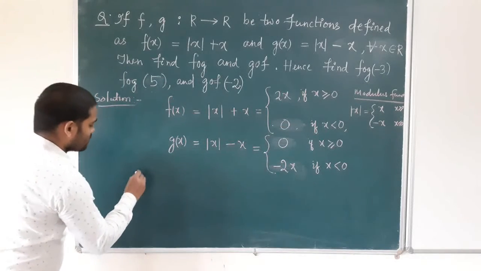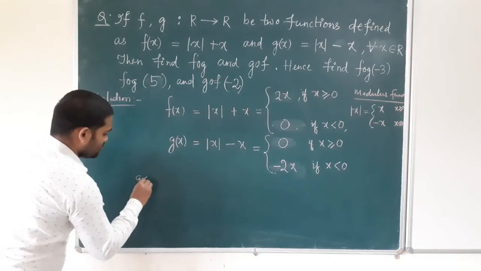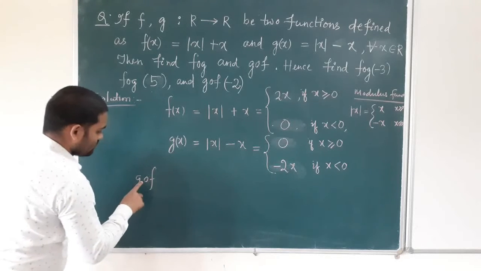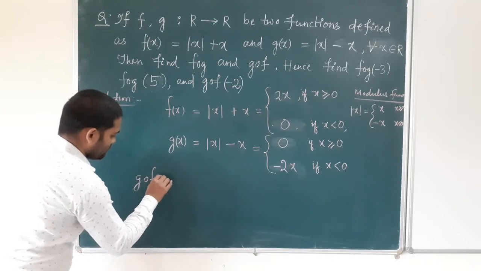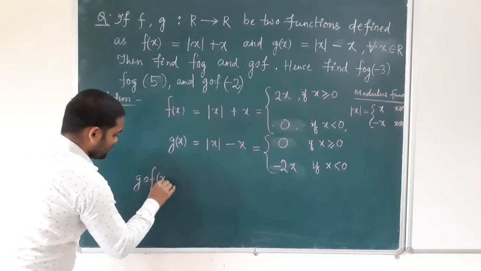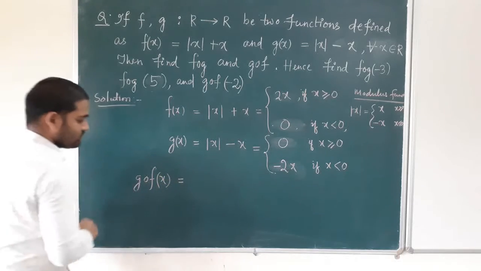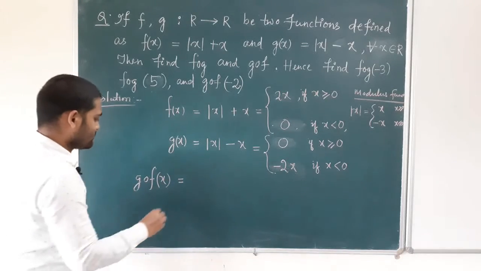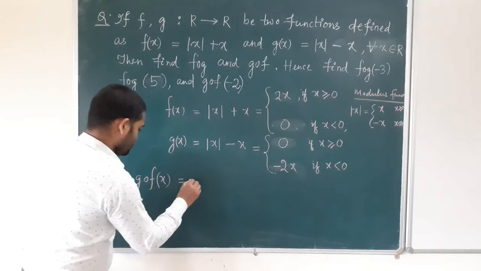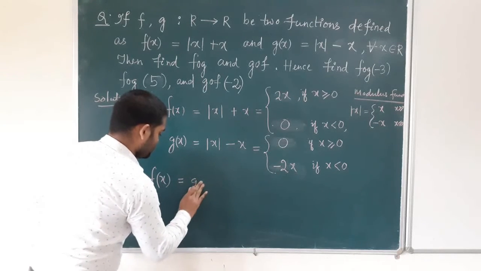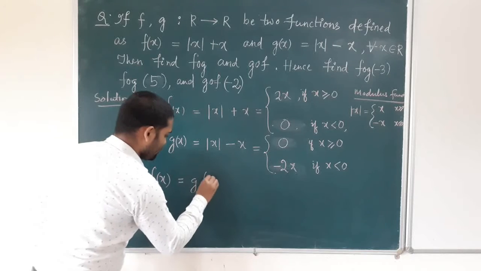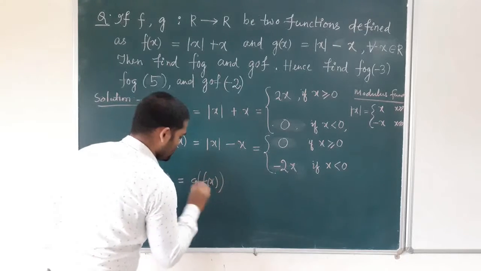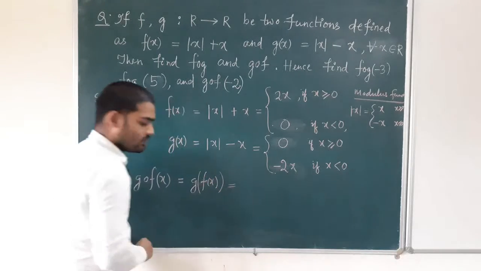Now you find gof, g of f of x, that can be written as g of f of x.